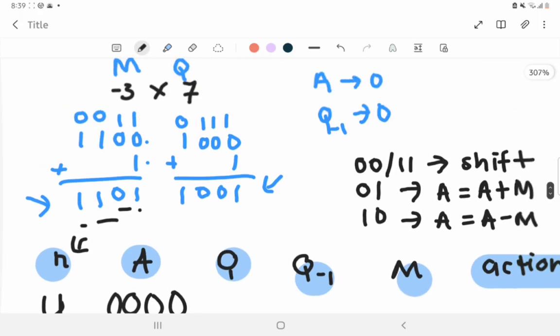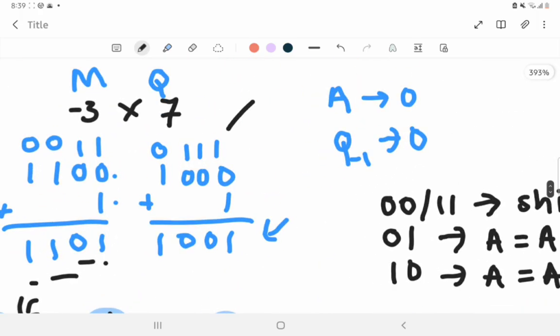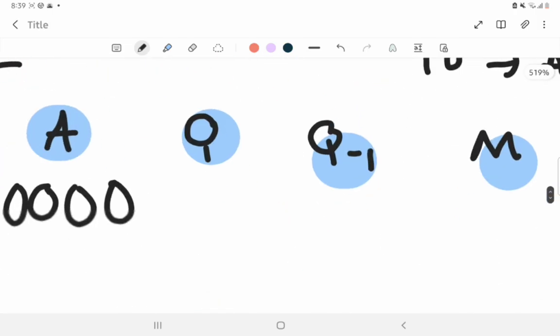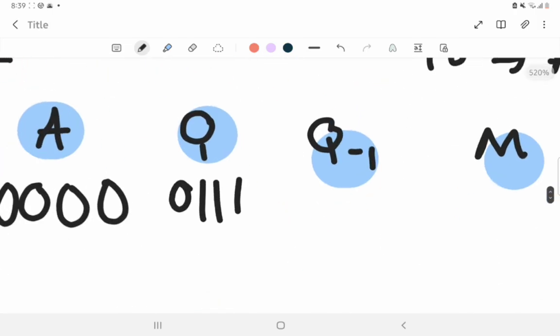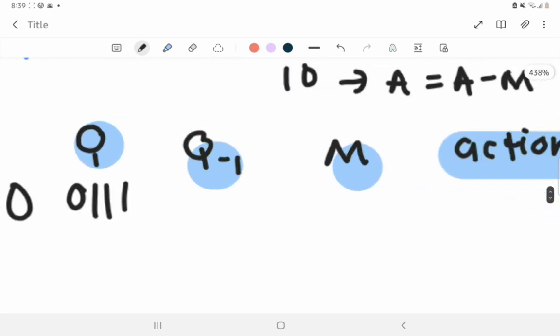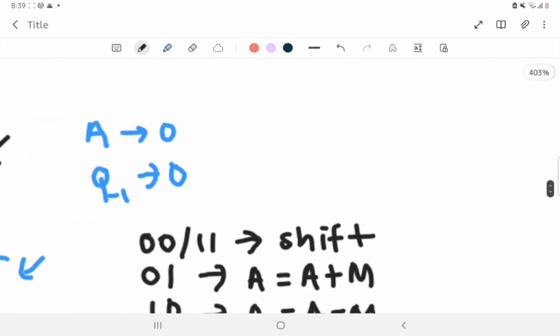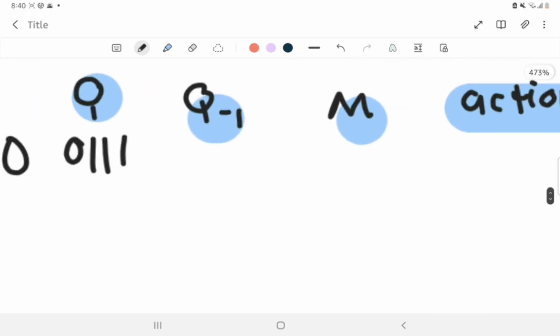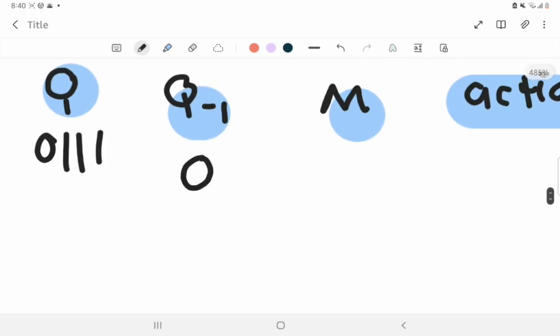And then Q. Take the original binary number, 0, 1, 1, 1. Q minus 1 we also initialized here as 0, just one digit.